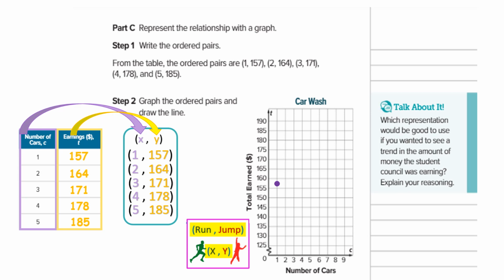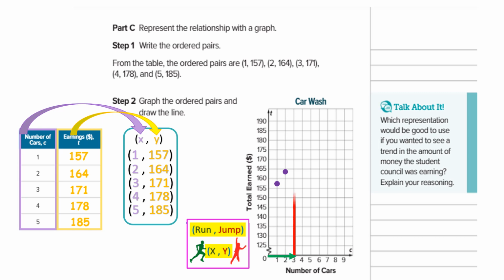All right, so now I look at my second ordered pair where the 2 is. So I'm going to run forward to the 2, and it tells me to jump up to 164. So an approximate point would go right there, right below the 165. My third point says 3 and 171. So once again, I always start at 0.